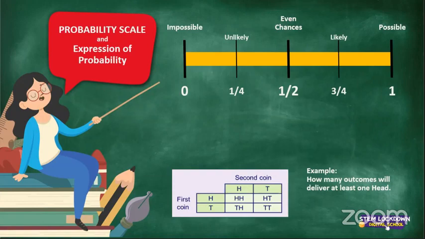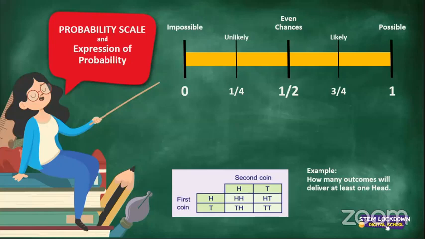So, yes, if you look at the screen, it says how many outcomes will deliver at least one head. And I see a lot of you said 3. But remember to listen carefully to what I'm saying. I asked how many total outcomes we would have, and that's a total of 4.